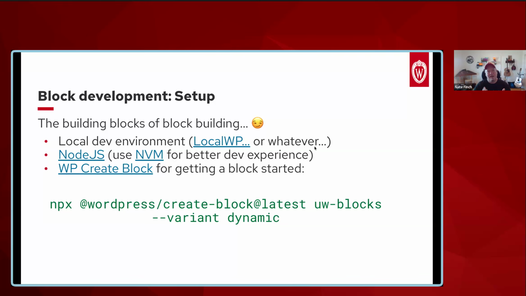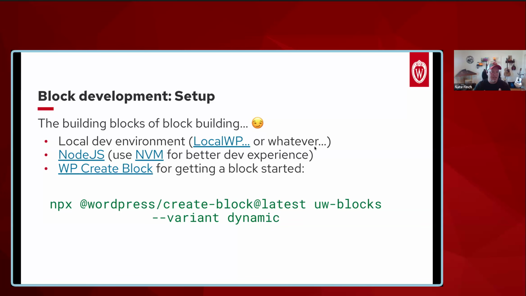And then WordPress released something called WP Create Block. A while ago, there was something like Create Guten Block and everything, but now WordPress core has this WP Create Block. It comes with a bunch of WordPress scripts for building blocks and linting and formatting and stuff like that.